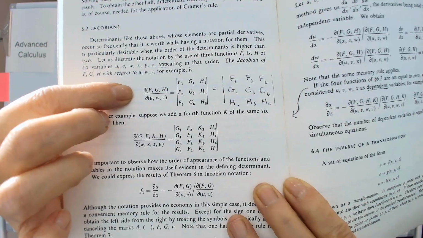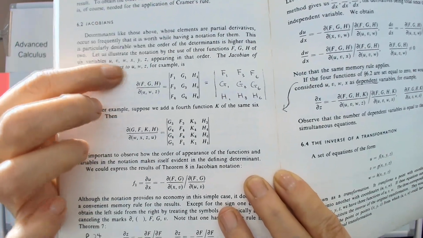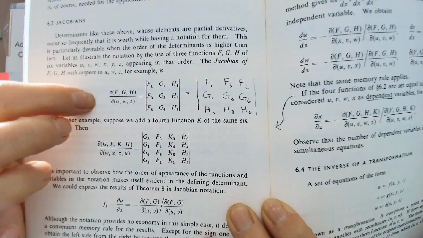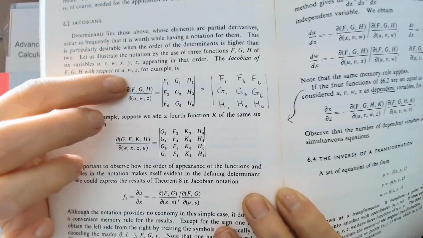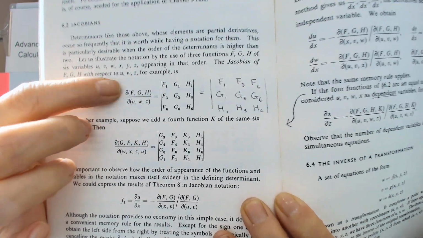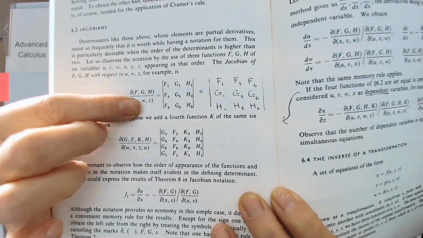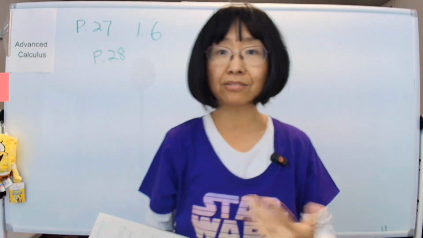The second row is W, right? W is the third variable. That's why the second row is F3, G3, H3. And lastly, Z is the sixth variable. That's why the last row is F6, G6, H6. That is, you can take the partials with whichever of the three variables out of 6 that you need the Jacobian for.